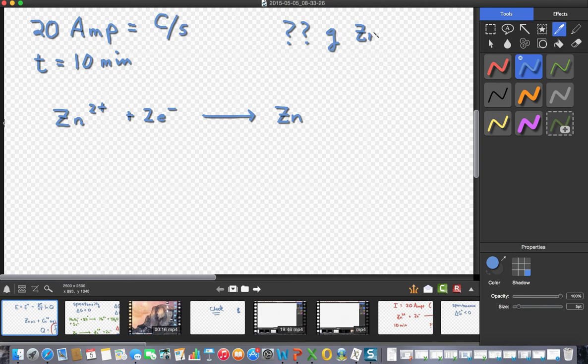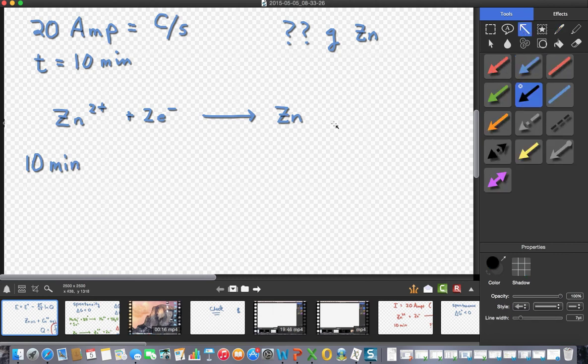This essentially becomes one grandiose stoichiometry dimensional analysis problem. We'll begin with time, 10 minutes. Since current is coulomb per second, it only makes sense for us to convert this to seconds.